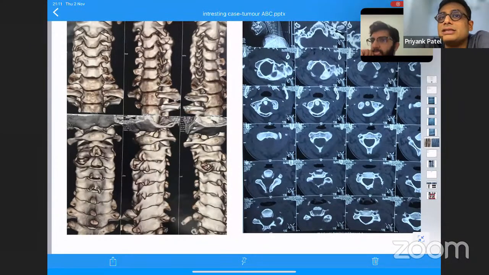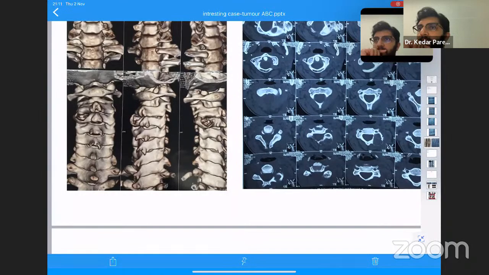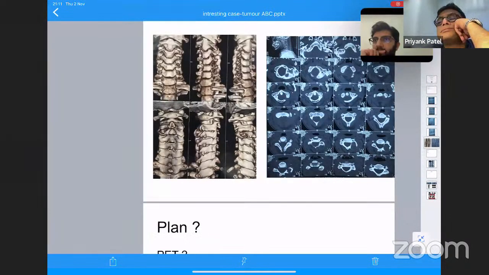Yeah. So tell me, what do you want for this biopsy? At this point, Aditya, what would you want to do?